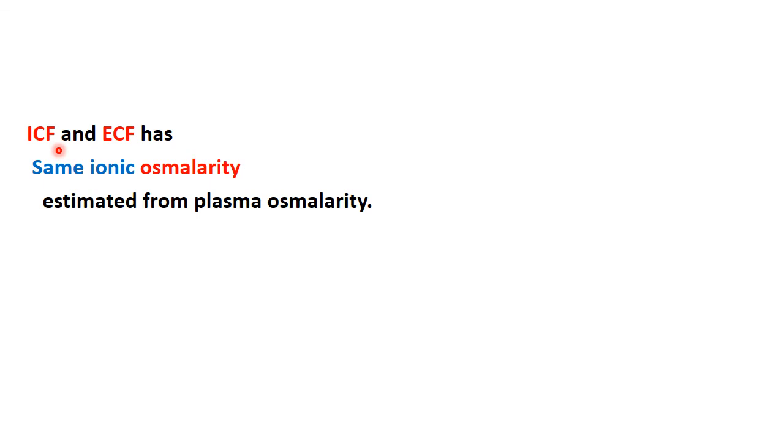The ionic composition of plasma and interstitial fluid remains the same except for the protein in the plasma. Osmolarity, how many osmoles are dissolved in liquid, is the same in ICF and ECF.